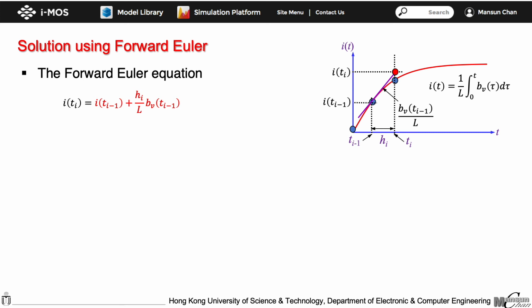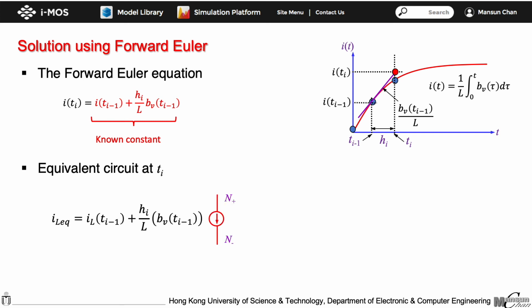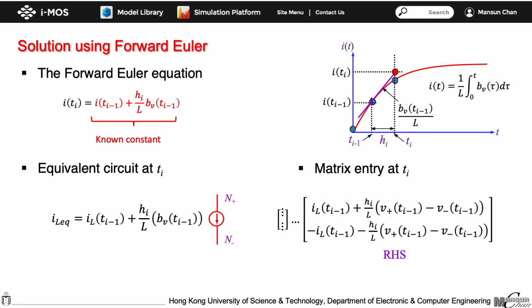The right-hand side consists of values at time ti-1, which is just a constant. It can be regarded as a constant current source with an equivalent circuit given here, and its corresponding matrix entries are given here. Again, we need an initial condition at time t0 to start the simulation.